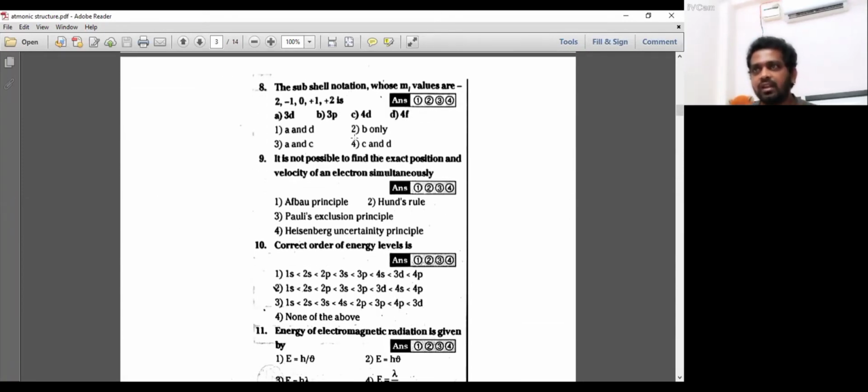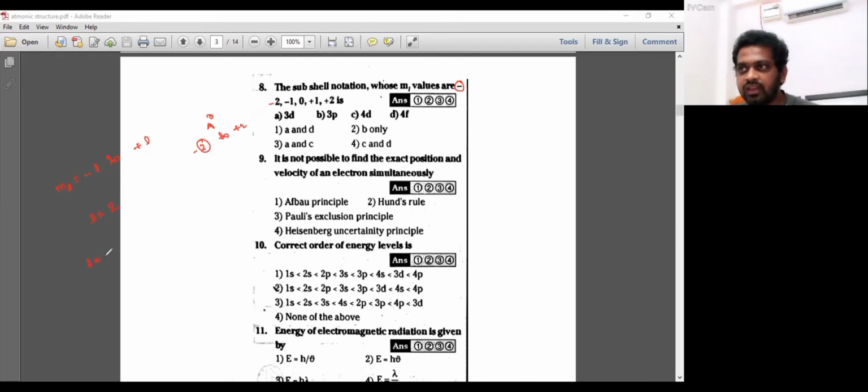The subshell notation whose ml values are 2, minus 1, 0, plus 1, plus 2 is, look at here. So here, this is minus 2 to plus 2 including 0. So ml values begin from minus L to plus L. So here the L value is directly given as 2.